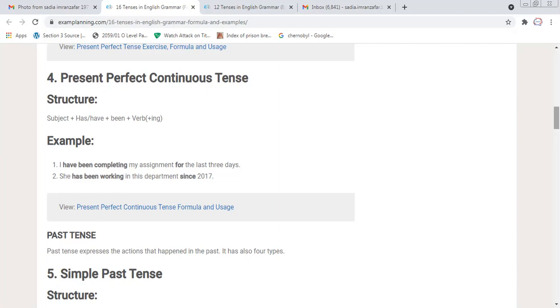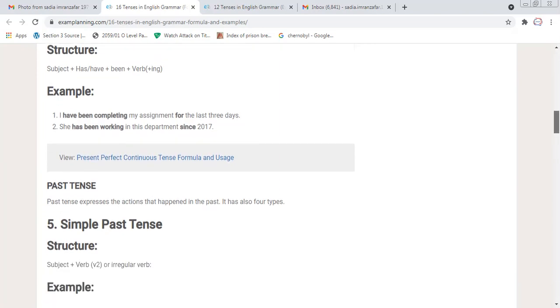For example, since morning I have been doing this, since evening, since last night. If we do not have an exact time and we have a period of time, for many days, for many years, for a couple of weeks, then we use for in a perfect tense.